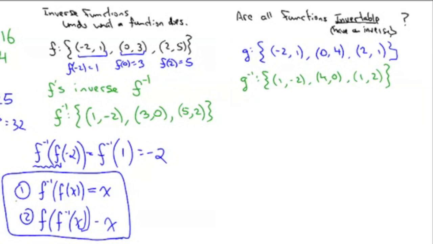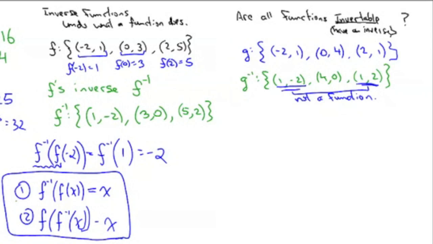Is the green one, G inverse, a function? No. And the answer is no. So there's a problem. In this case, G inverse does not exist because these 2 points force this thing to be not a function. You cannot have the same x value going to 2 different y values. That breaks the law of what a function is.